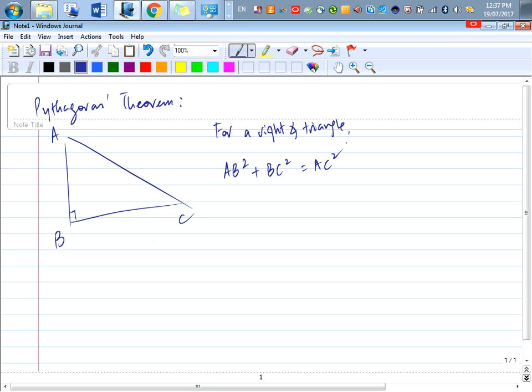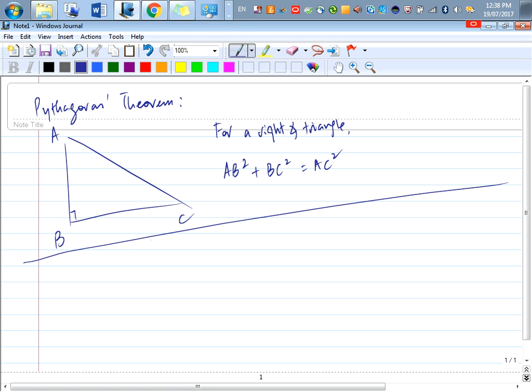I'm talking about question 8, exercise 7.1. Okay, this is our Pythagoras theorem. So if I want you to prove that there is a right angle in this triangle, can I use Pythagoras theorem? You cannot, because Pythagoras theorem has a condition. The condition is it must be a right angle triangle first.